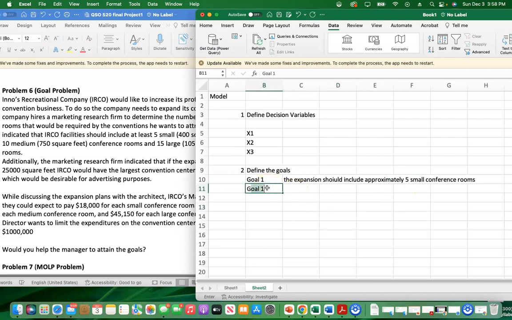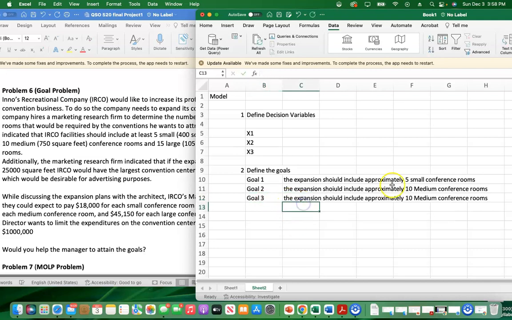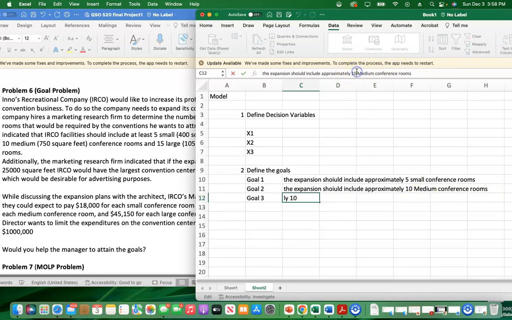And goal number 2 will involve the expansion. In this case, the expansion should include at least 10 medium conference rooms. And goal number 3, the expansion should include 15 large conference rooms.